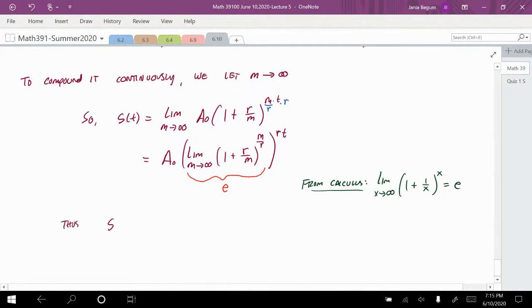So thus the solution that we're after is a naught times e to the rt, right? So that's the magical solution we're after. So it's the exponential, right?